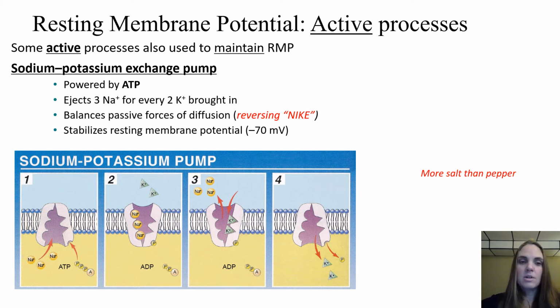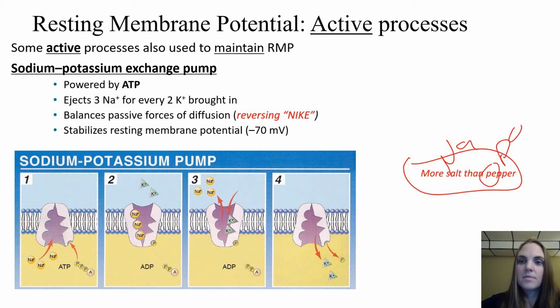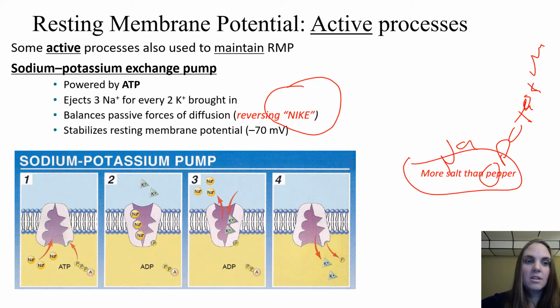One of the ways that I remember which ion we're moving more of is I like more salt than pepper. So we have more sodium, or salt, coming in than our pepper, our potassium. Remember, when we have those passive electrochemical forces, normally diffusion is going to want to make our sodium enter the cell.